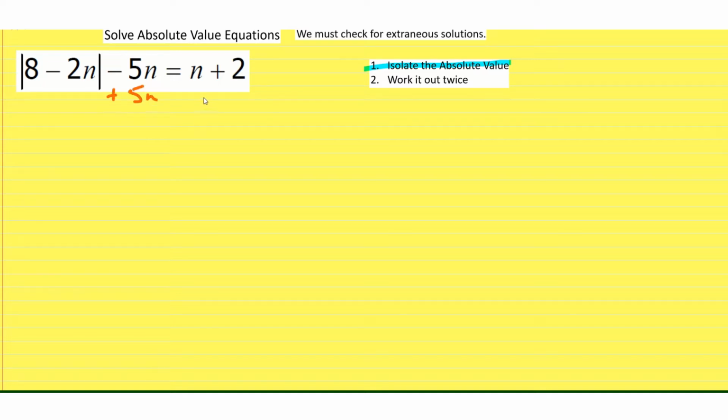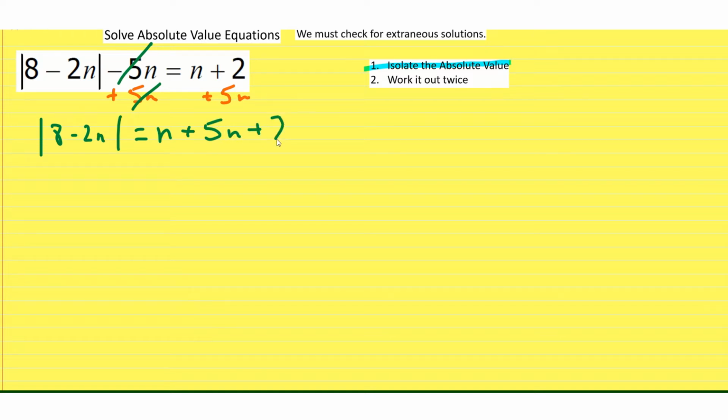Plus 5n and plus 5n. These two items will cancel each other out, and I'll end up with absolute value of 8 minus 2n is equal to n plus 5n plus 2.